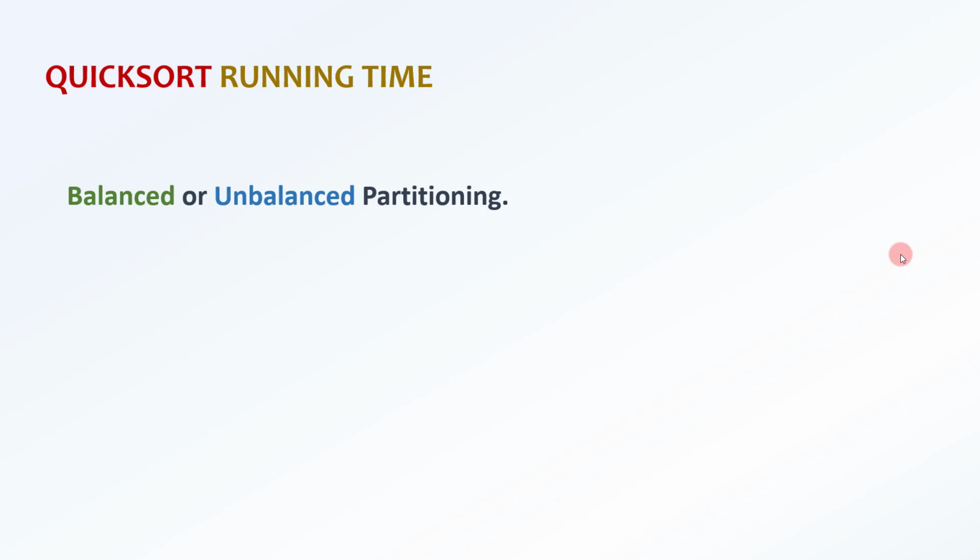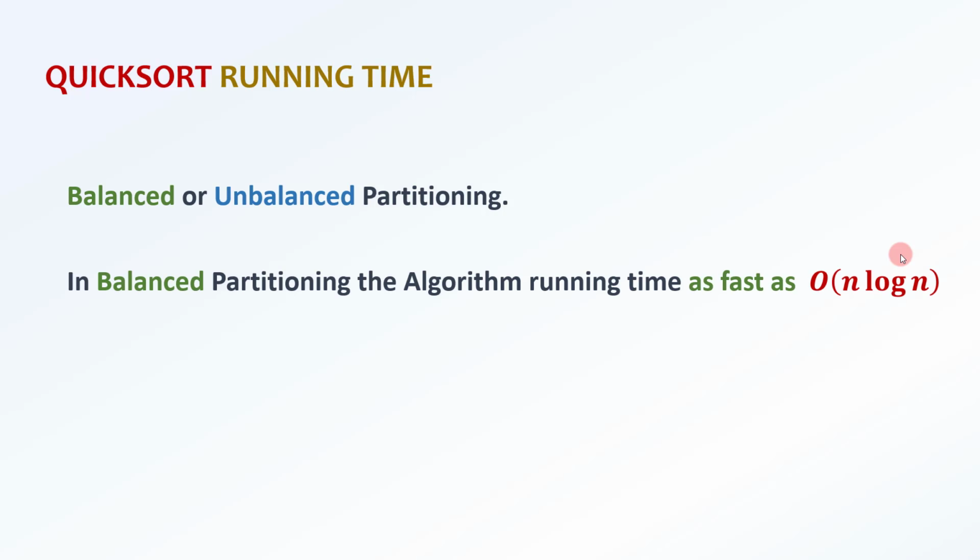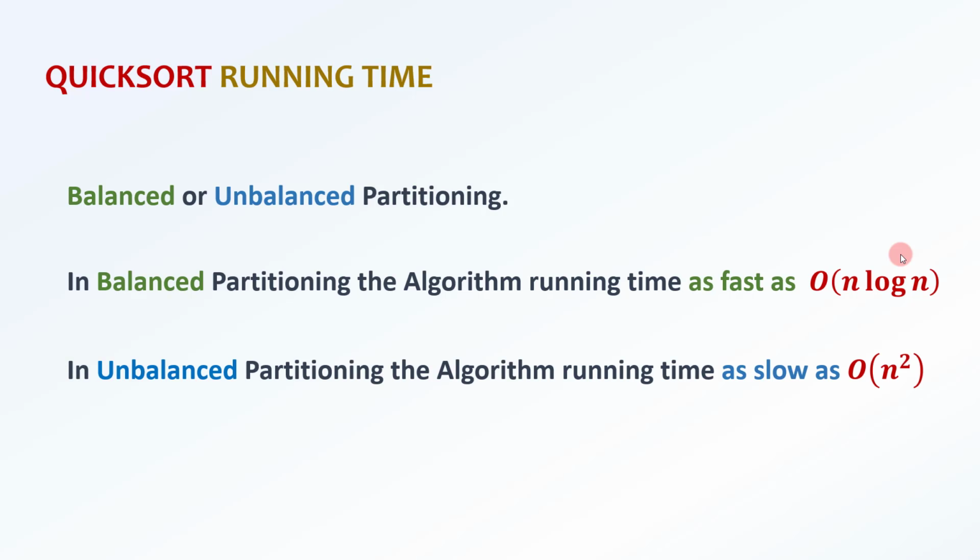If the partitioning is balanced, the algorithm runs asymptotically as fast as order of n log n. If the partitioning is unbalanced, however, it can run asymptotically as slow as order of n square.